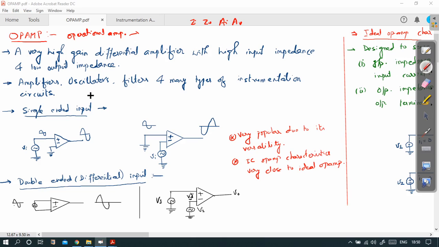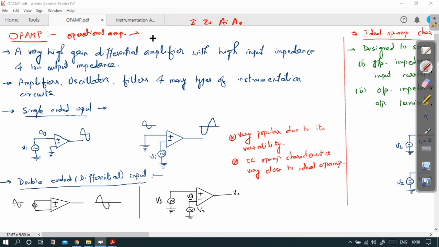This OPAMP is a very popular amplifier, and is being used in amplifiers. It is used to make oscillators. It is used in filters and many types of instrumentation circuits where we need to measure and amplify very small magnitude signals.